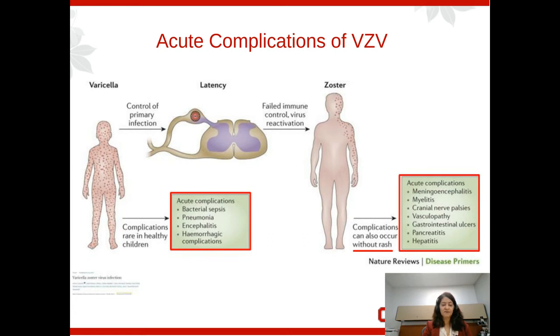But in rare cases where there are complications, you can see all these different conditions listed here, complications with bacterial sepsis, pneumonia, encephalitis, etc. With zoster, which occurs after latency and a reactivation, you can also get many different complications. This includes meningoencephalitis, cranial nerve palsies, myelitis, hepatitis, pancreatitis, etc. So these complications can be quite severe as a result of VZV infection.